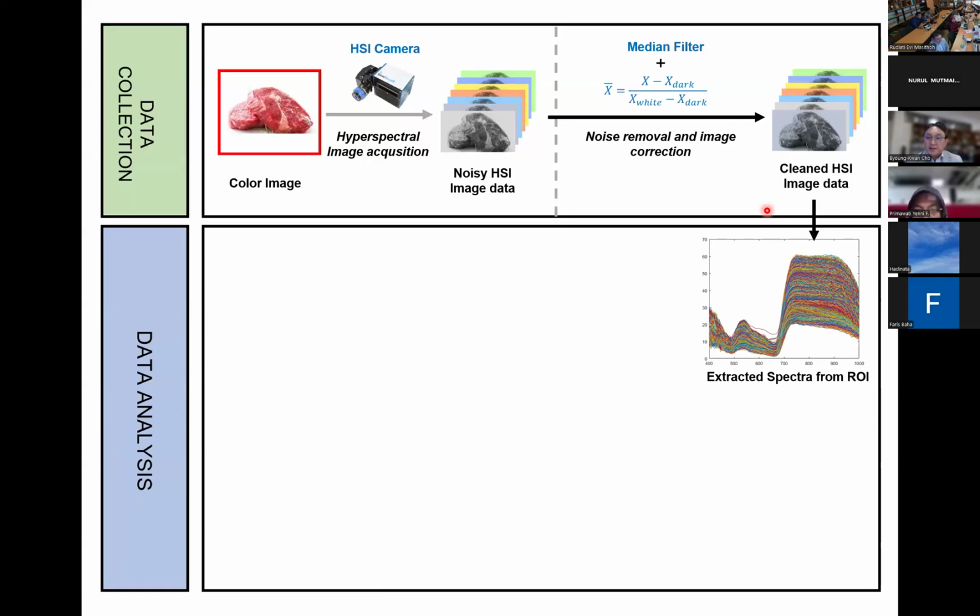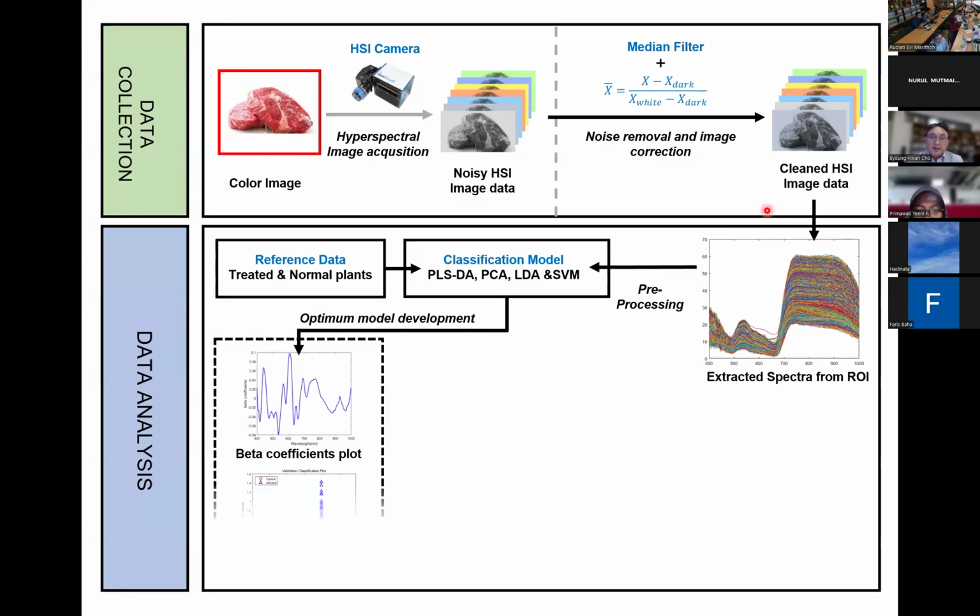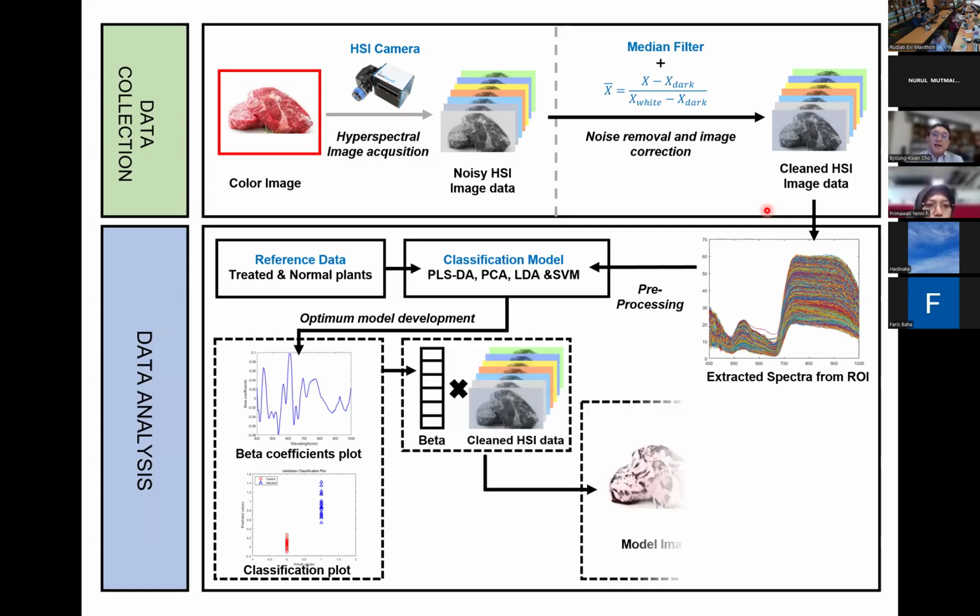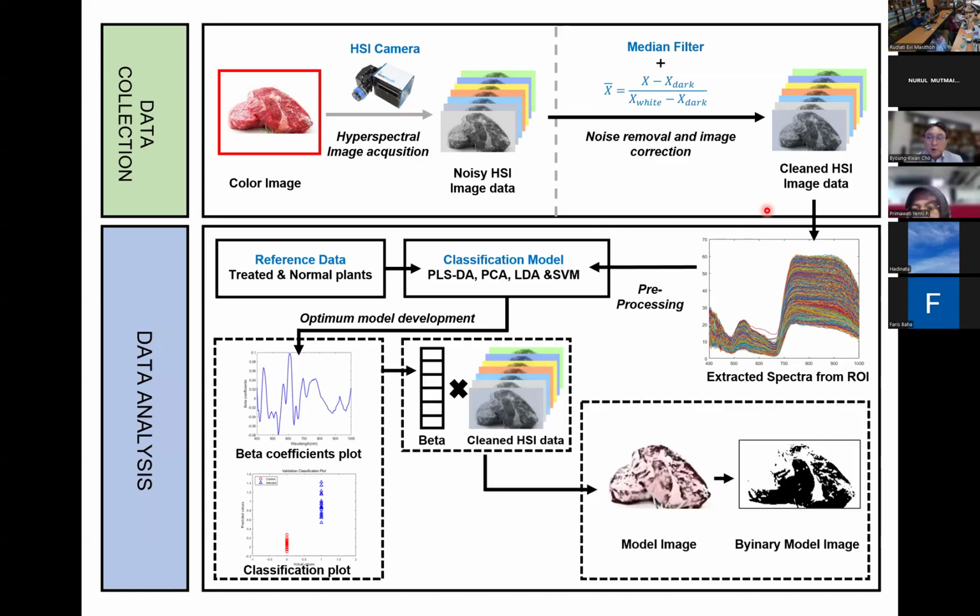And then we can extract spectra from our target materials, and after preparing, we can make a classification model or regression model, whatever we want. Then we can apply the model to the hyperspectral images.